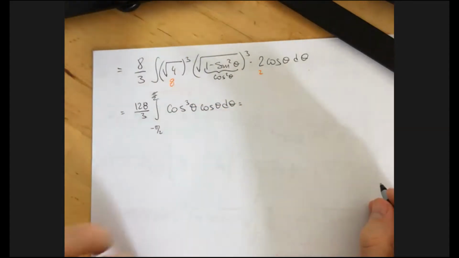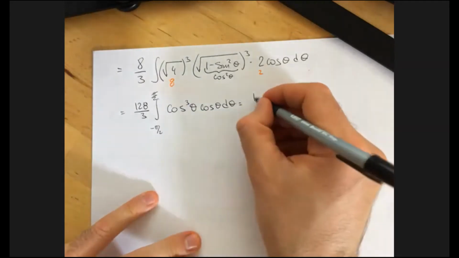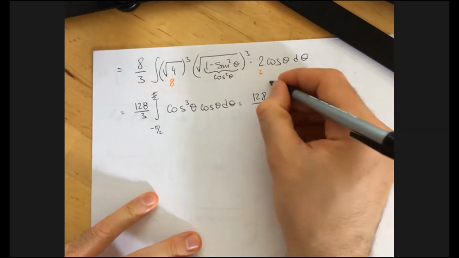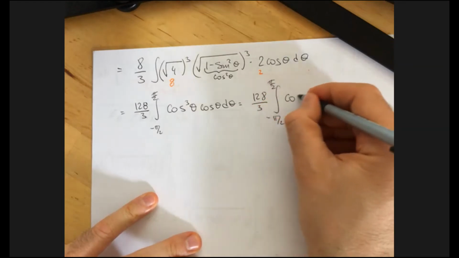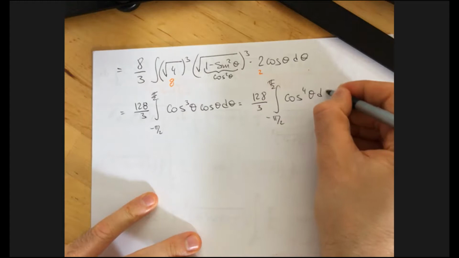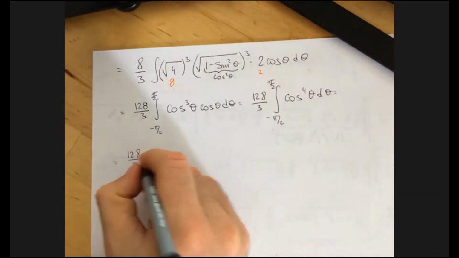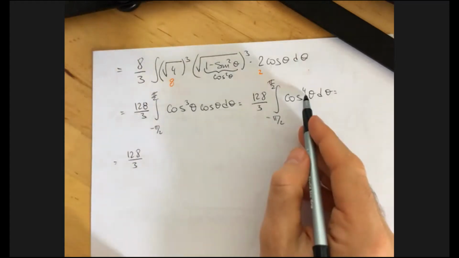And what do we have? We have a trigonometric integral, cosine to the power of 4 theta d theta. And again, if you have forgotten how to evaluate this, you go through the double angle formula.